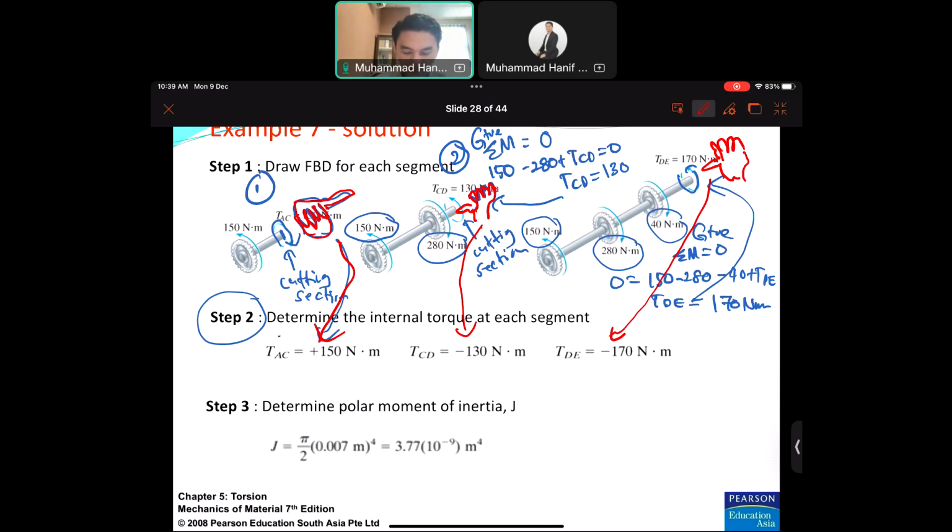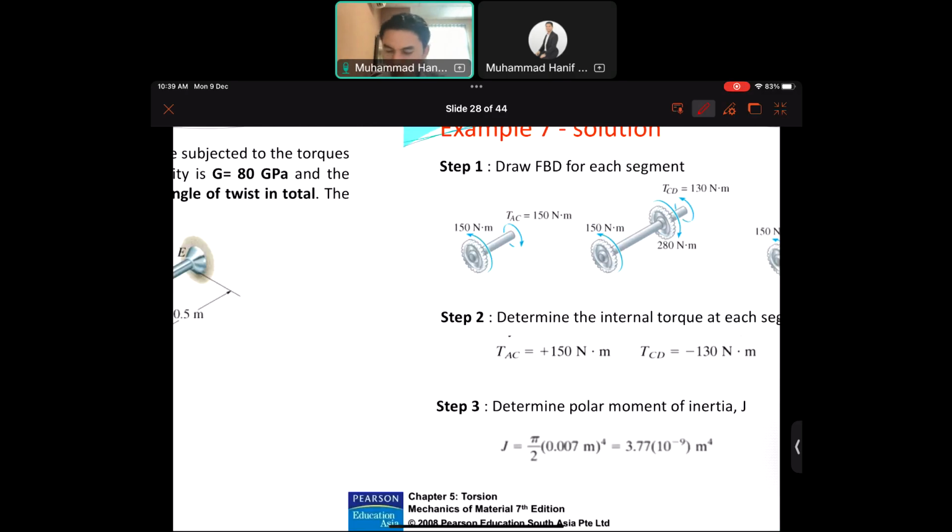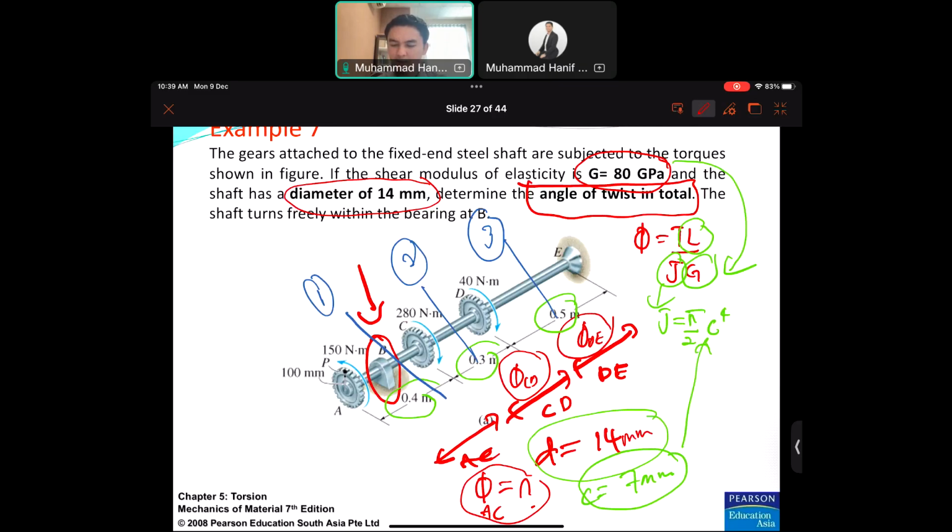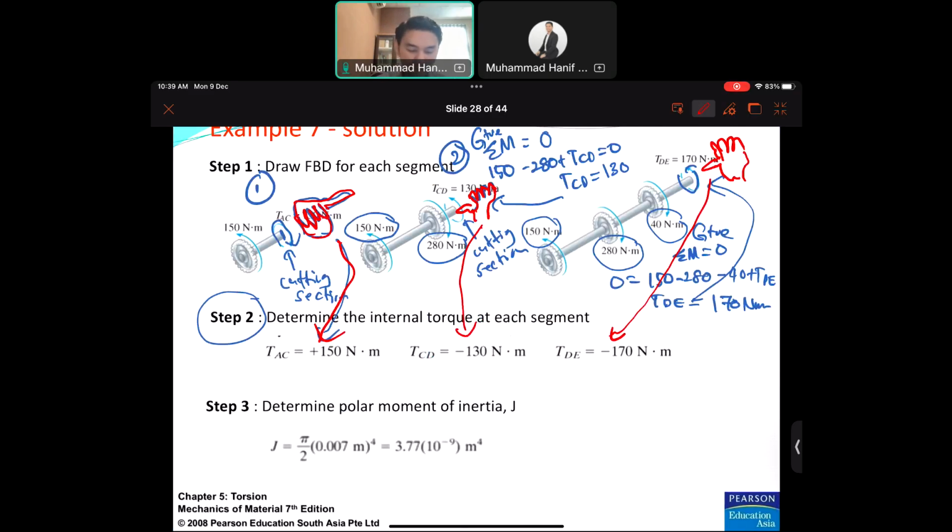Okay, so we have the internal loads TAC, TCD, TDE. You go back to this one. Because this is not individual, you have to have a summation of the angle of twist. T is done, L is given, G is given, so calculate J. Step 3 is calculating the J value, which is the polar moment of inertia.